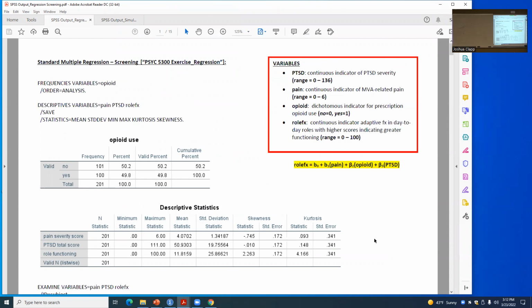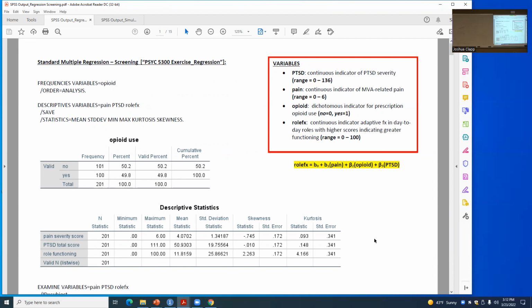Our predictors in this case are going to be a measure of PTSD severity, a measure of chronic pain, or just pain severity, and opiate use. So we're going to throw a dichotomous predictor in here, whether or not people are taking opiate medications. PTSD ranging from 0 to 136, pain 0 to 6, opioid use, no, yes.